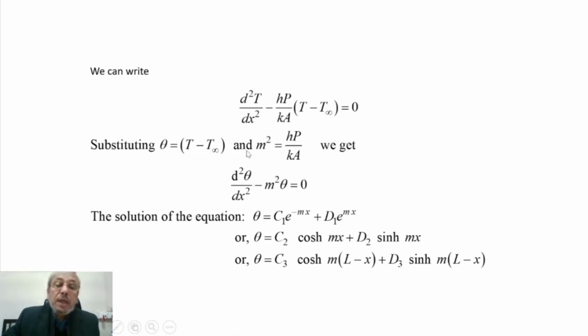to 0. Now d2 theta/dx2 minus m squared theta equal to 0, this equation can have three possible solutions, all are the same. One is theta equal to c1 e to the power mx plus d1 e to the power minus mx. Another is c2 cosh mx plus d2 sinh mx.